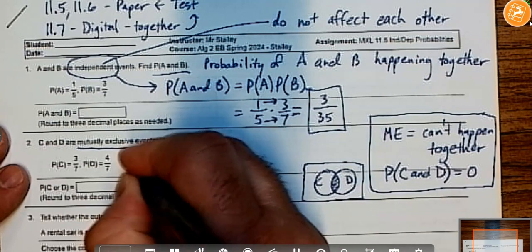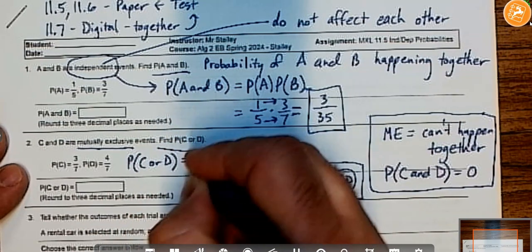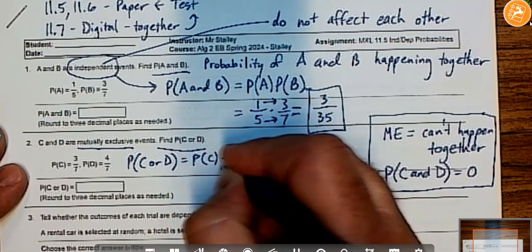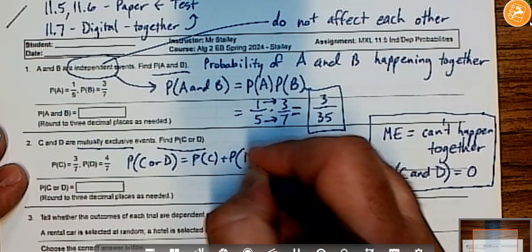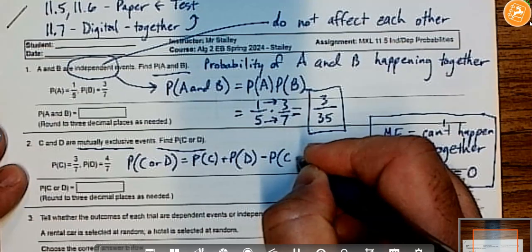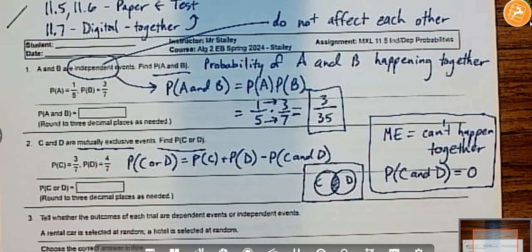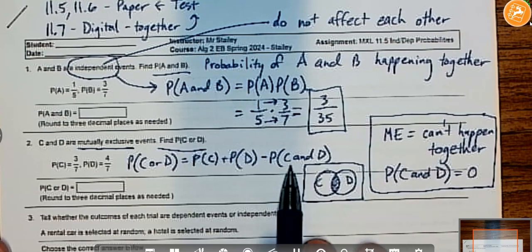So the formula for probability of C or D looks like this. We'll take all of the probability of C and add all the probability of D, but we're going to subtract what they have in common, because you can't count the middle twice. That's why we're subtracting it one time.